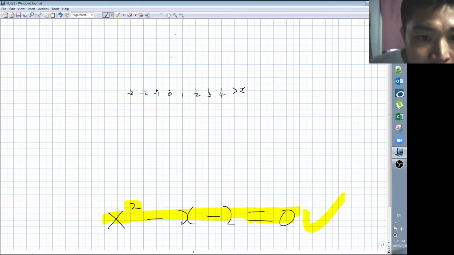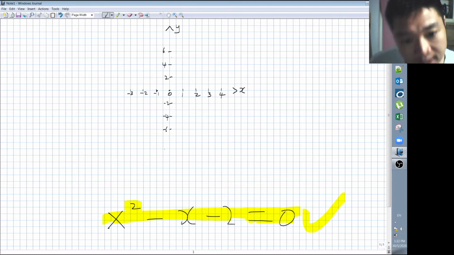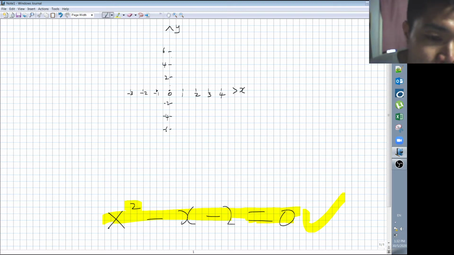Now let me go for my y-axis. Let's pick this as your 2, 4, 6. That's the positive part of the y-axis. Let me write down the negative part of the y-axis. Negative 4, 6. That's about it. So you have labeled the scales for both your x and y axis.